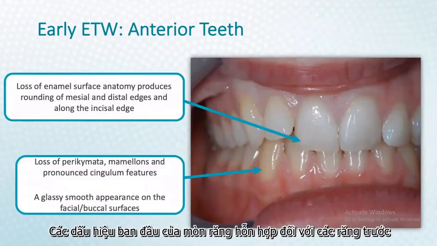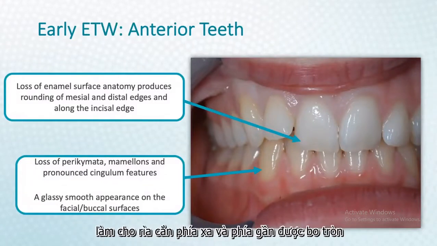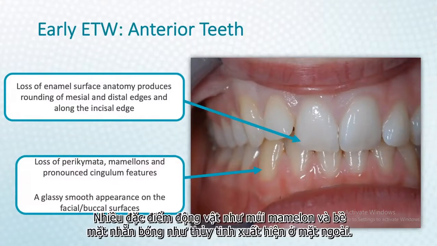Early signs of erosive toothwear for anterior teeth may include loss of enamel surface anatomy, producing rounding of the mesial and distal edges and along the incisal edge. Loss of enamel features such as mamelons and a glassy smooth appearance on the facial buccal surface.